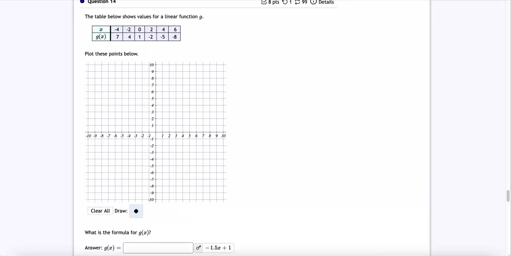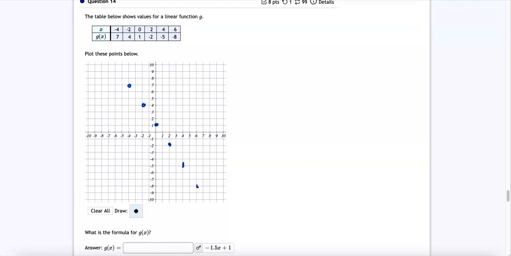Just to give you an idea of what it would look like, though, you're going to take each of these points when you plot them, for instance, -4, 7, -2, 4. You'll end up with a bunch of points, and then as you plot all of these points, you'll see that they are following a particular slope. You're going down 3 over 2, down 3 over 2, down 3 over 2, down 3 over 2 again.